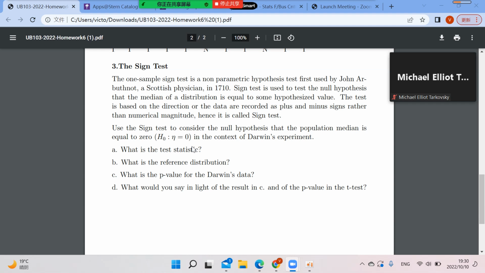Under our null hypothesis, the probability of getting a positive sign and a negative sign is equal, 0.5. So we can just reframe this question into: what's the probability of tossing 15 coins and getting 13 or more heads?